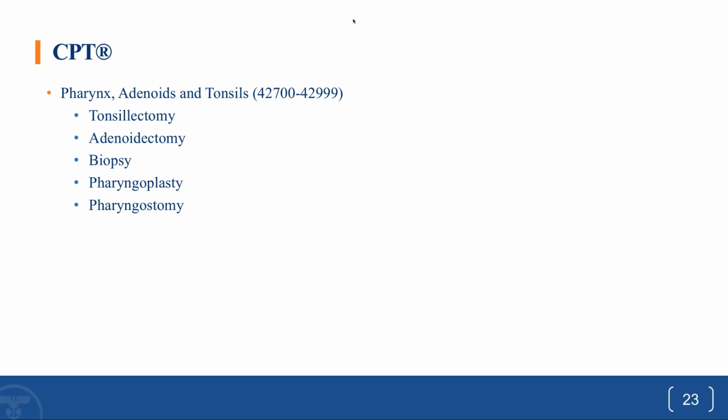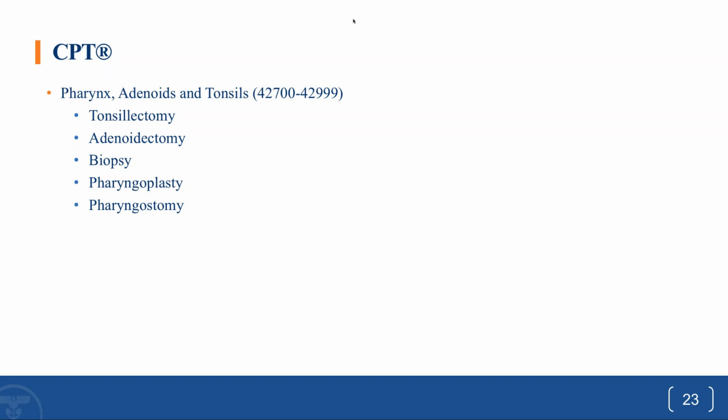So again, if I'm going to ask about tonsils and adenoids, that's going to be found on page 268. And the things I'm going to ask myself is, how old is this patient? They need to be either younger than 12 or older than 12.